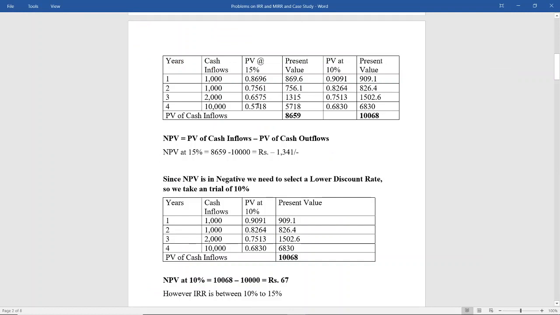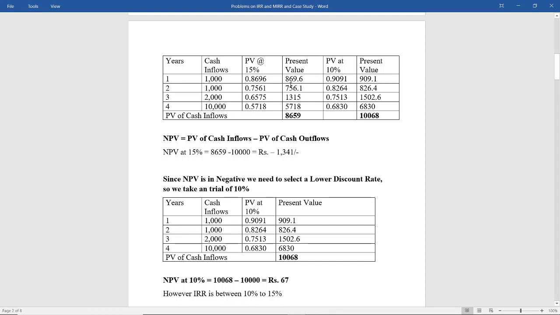In some PV tables, there are 4 digits after the decimal point, and in some there are 3 digits. Even if you take 3 digits, no issues. Take 4 digits, no issues. If you are taking 3 digits, round off the 4th digit: if the 4th digit is 5 or more, take the next number; if it is less than 5, take the same number. So you'll know how to do this.